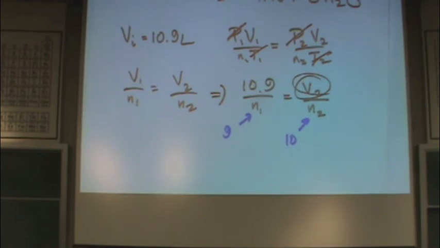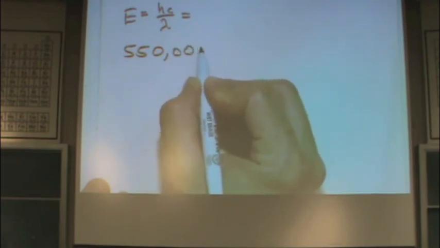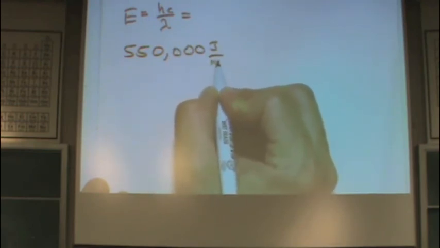Number 10. What's the wavelength for the energy content? Okay. E equals hc over lambda, where E is 550 kilojoules, or 550 joules per mole.